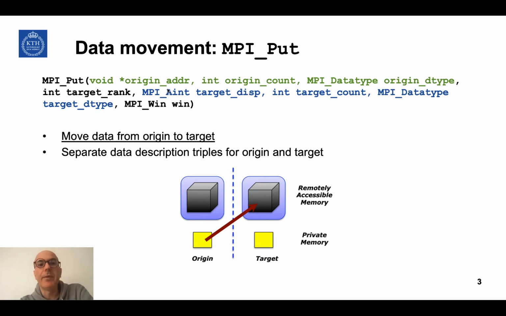We provide the target, and then we provide a triplet to describe the target process, and the data layout that is going to receive the data that we are putting to the remote process. In this case, we don't provide a pointer to the window, but we provide an offset. We provide a displacement from the beginning of the MPI window where we want to write, right? And then again, we provide the count and which data type we are going to use. And finally, we provide a handle to the MPI window.